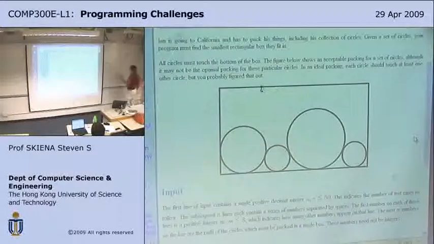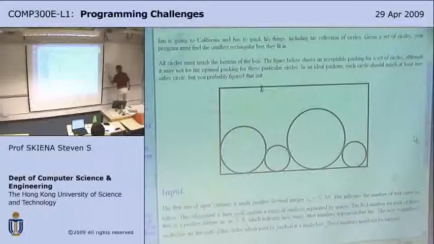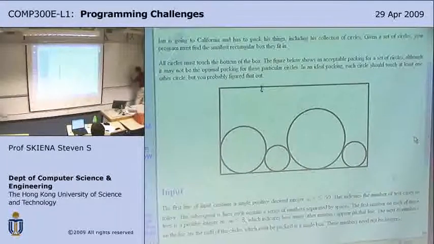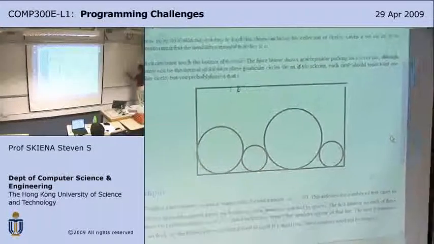How would you go about doing that? I give you the order of these circles. How can I find the tightest packing of these circles? How wide is their shadow?